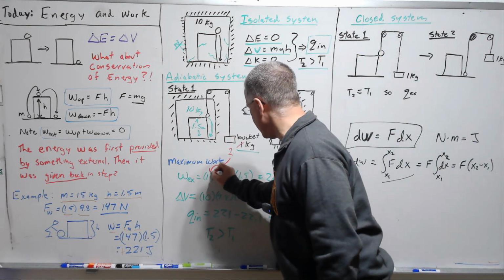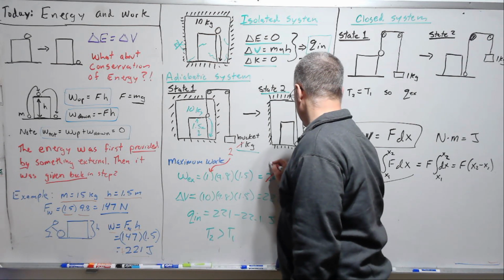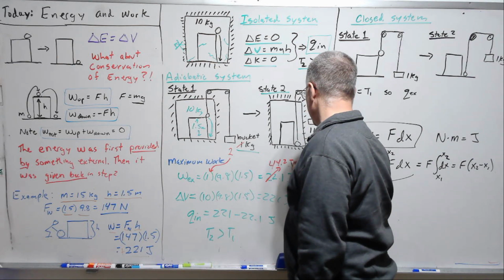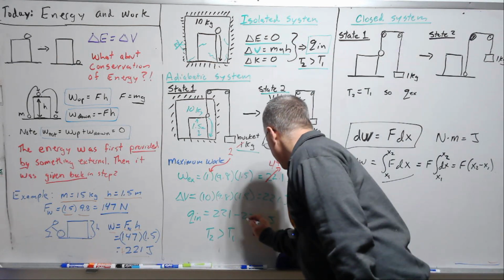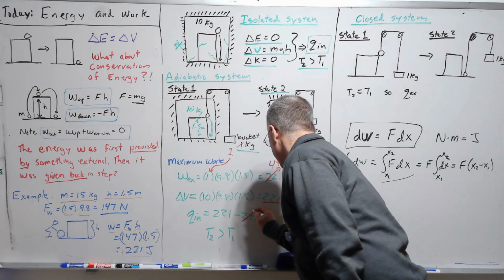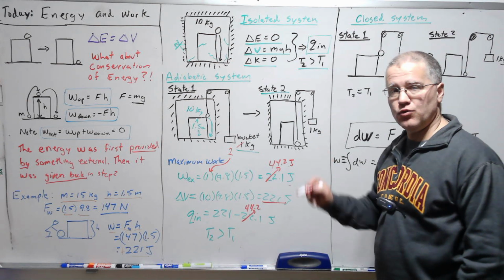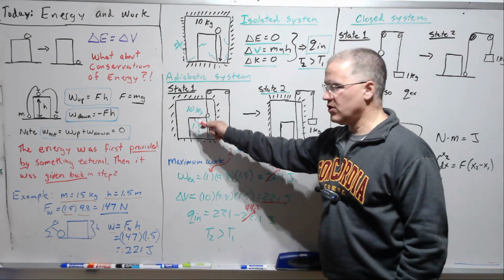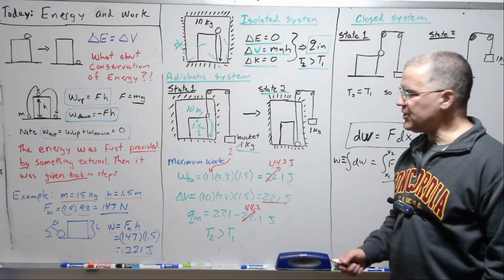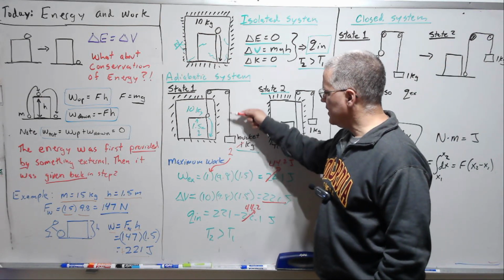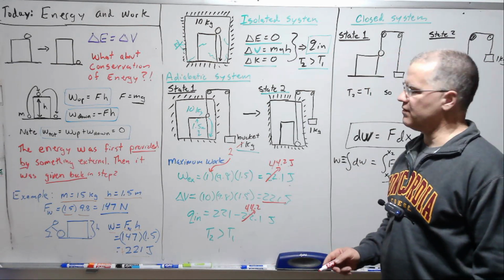This 2 will come down here, and this will be 44.2 joules. That means this will still stay the same. We still will have heat internal. The temperature will still be bigger, but not by as much. And we will have done more work on the system. We've now done 44 joules of work.